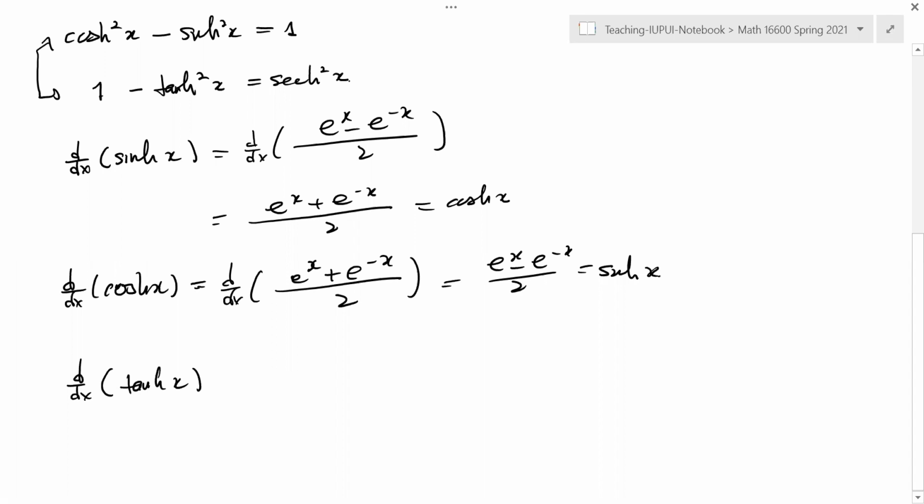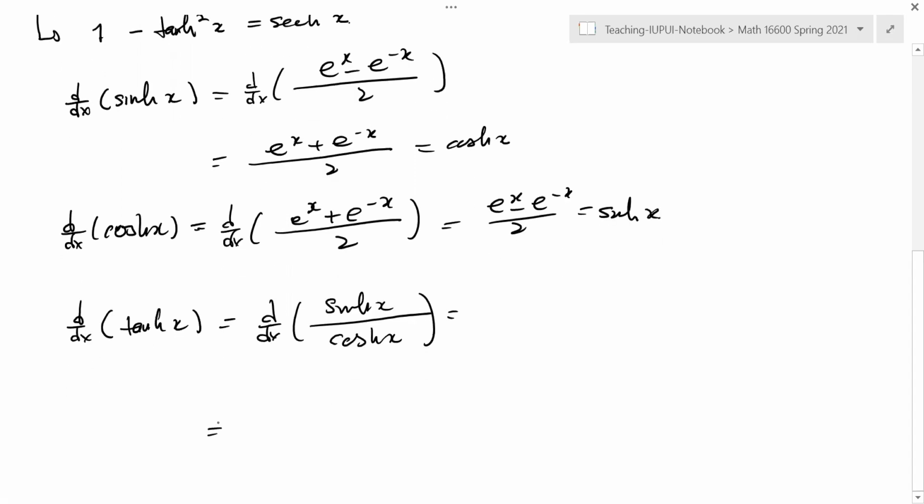So this is going to be by the quotient rule. Here's hyperbolic sine x over hyperbolic cosine x. You already know the derivative of the one on top: the derivative of hyperbolic sine x is hyperbolic cosine. Then you multiply by the one from the denominator, so it's squared, minus the derivative of hyperbolic cosine x, which is hyperbolic sine x, so that's just a square.